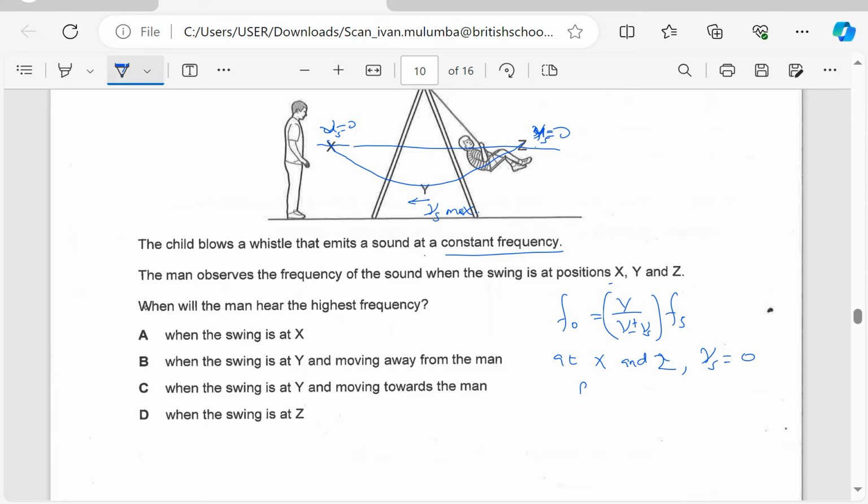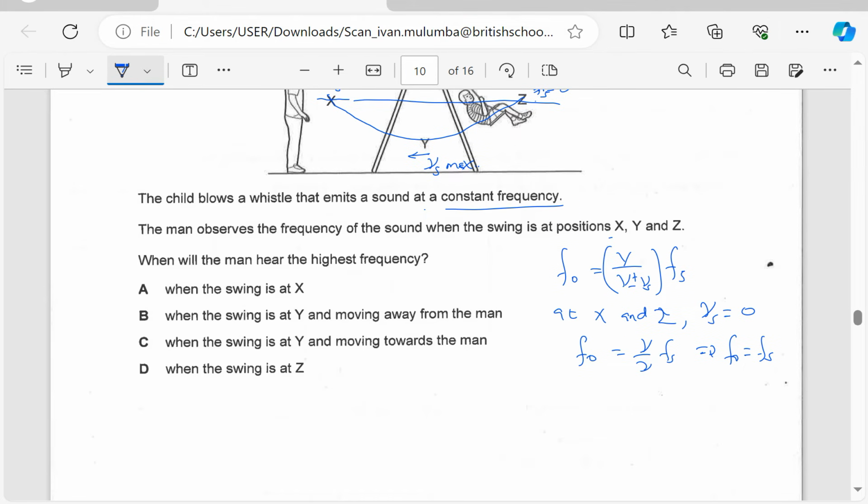What does that mean? f0 is going to be v over v times fs, which means f0 is the same as fs. The man will observe the normal frequency of the sound. But at Y, the speed of the source, vs, is maximum.